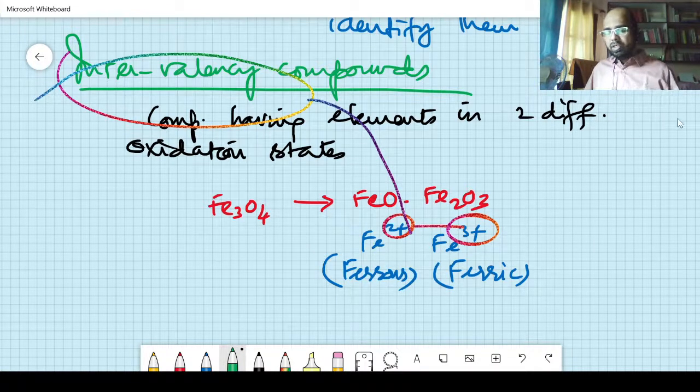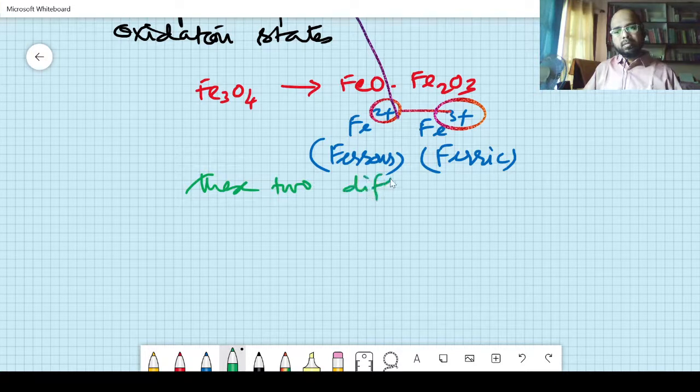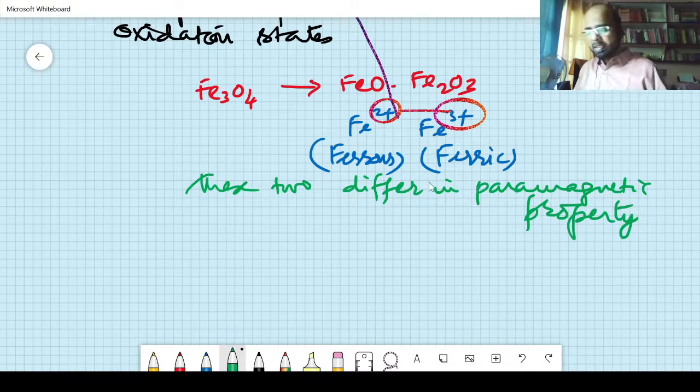Now, the two ions differ in their paramagnetic property.